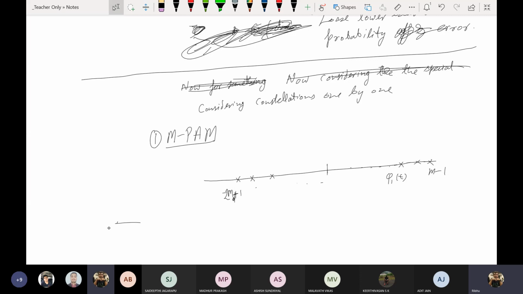For 4 points, it will be minus 3, minus 1, 1, 3. For 8 points, it will be minus 7, minus 5, minus 3, minus 1, and so on. So for M points, this goes from minus (M minus 1) to (M minus 1).